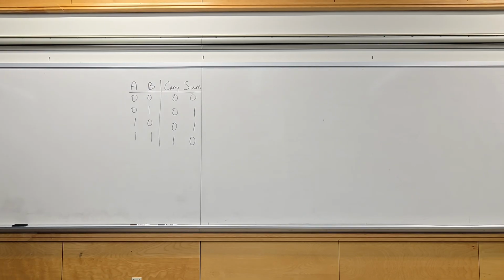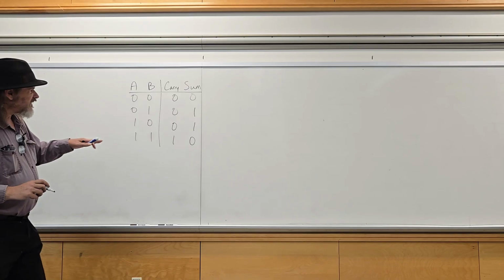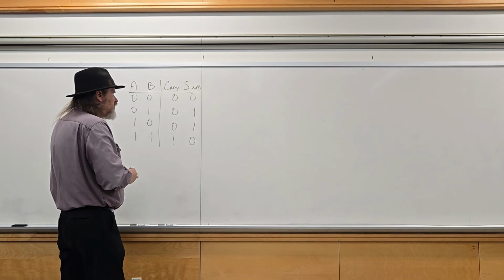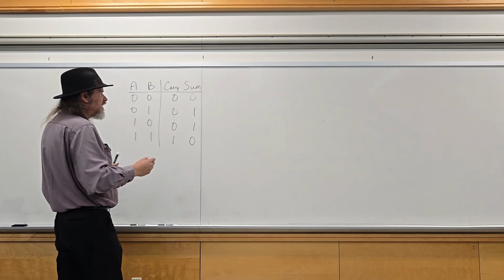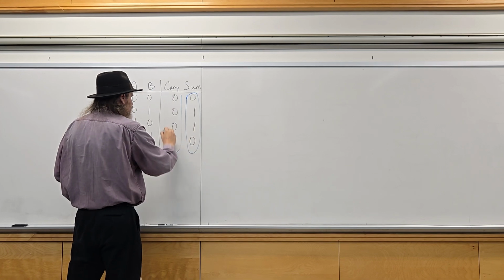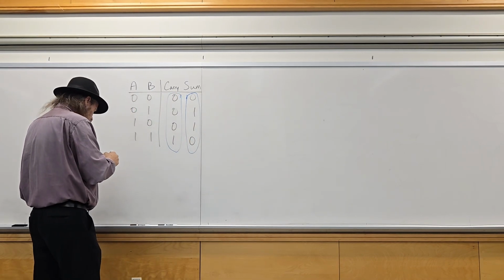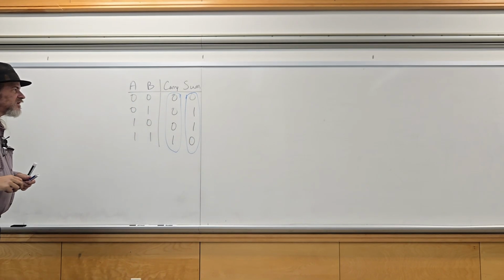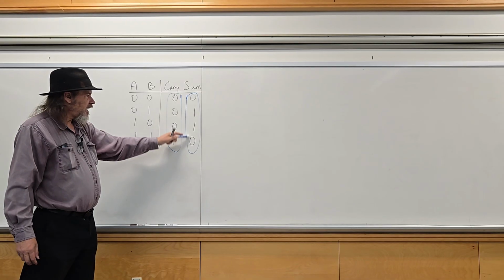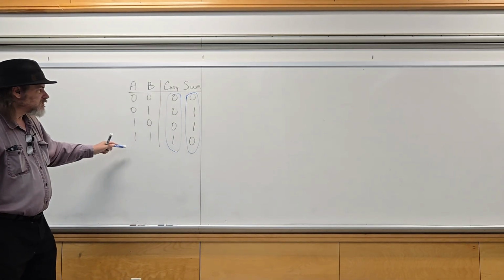Now, you can see that this is basically 2 logic functions working together. This logic function and this logic function. What is the function for the sum relative to A and B?